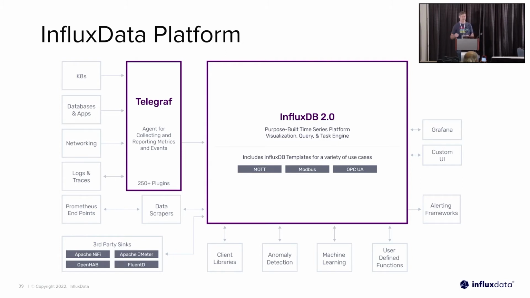You can send it to a number of different places, even competitors of ours. That's okay. It's our open source project, and we maintain it for everybody. You can also use client libraries that we provide. There's a lot of third-party applications that sync directly to InfluxDB. They know how to communicate directly to it. But this is the basis of the platform. This is kind of the configuration that you'll use.